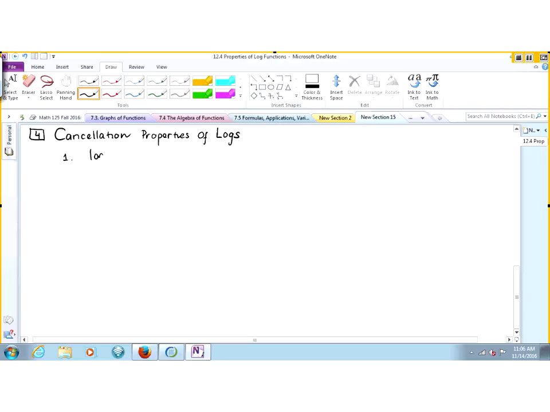The first one is log base a of a to the k. This is k. Why? A raised to what gives you a to the k? And the answer is k.